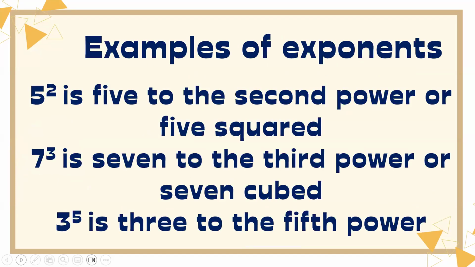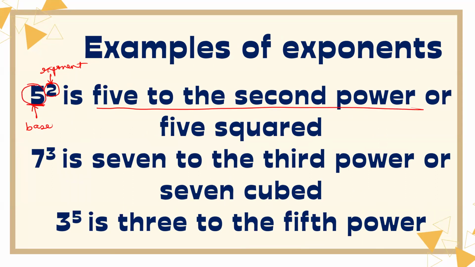Okay, so if you have 5 squared, we call 5 the base and 2 the exponent. If you notice, 2 is written as a superscript with respect to 5, and we read it as 5 to the second power. We read the base first, so that's 5, raised to the second power.